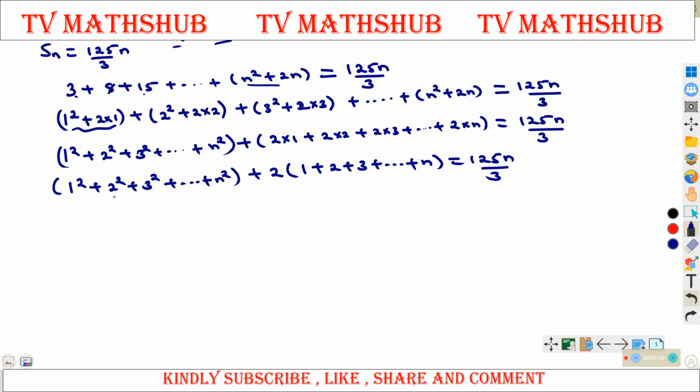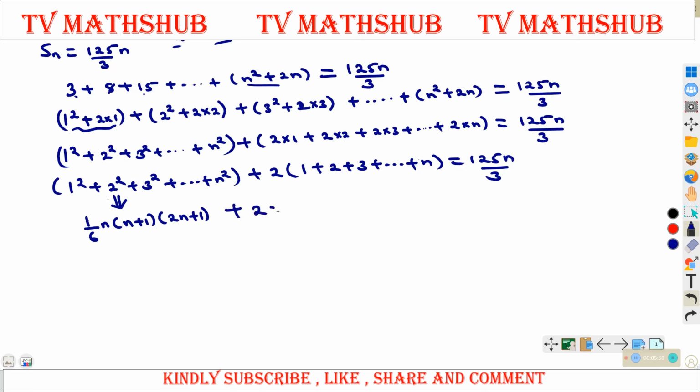So you already know that this sum here is a known sum. The sum of the first n squared terms, when you are adding 1 squared plus 2 squared and so on, is given as 1 over 6 n into n plus 1 into 2n plus 1. So when you add up the first n squares, you'll be getting this sum.